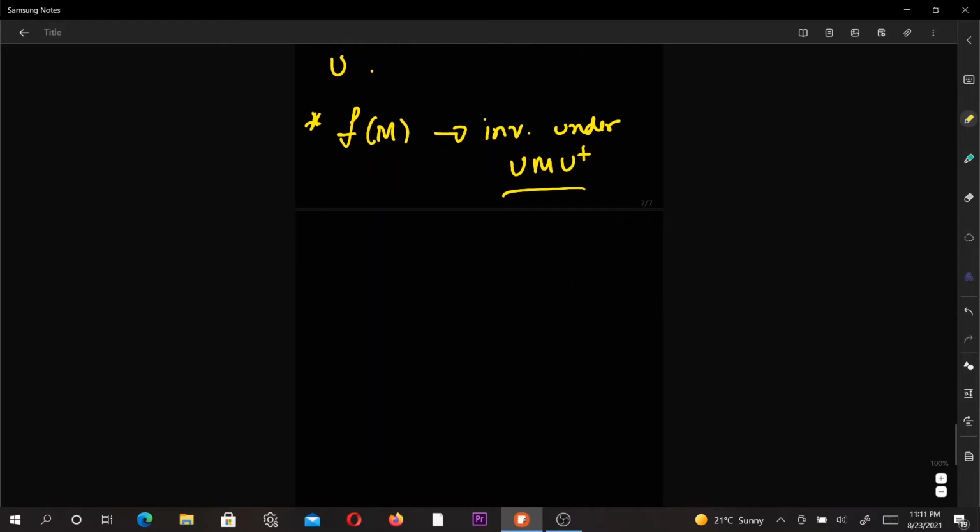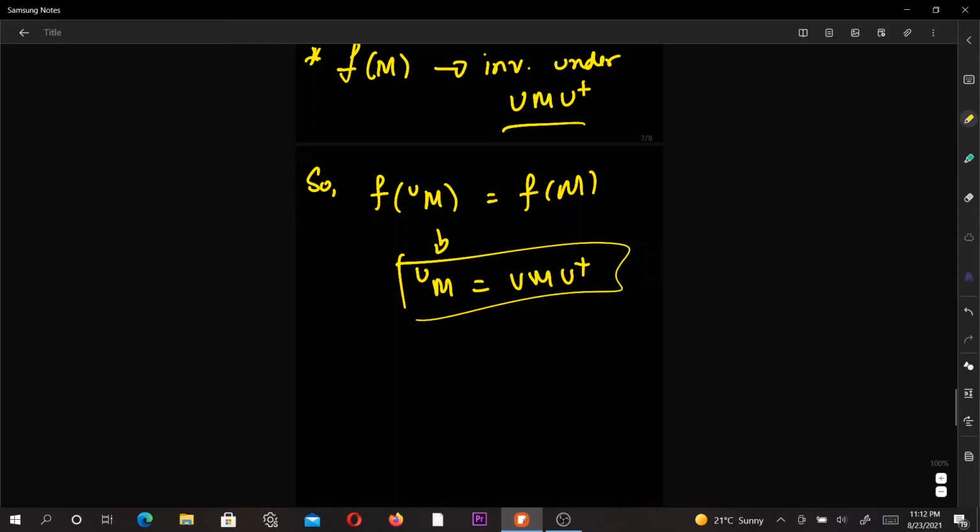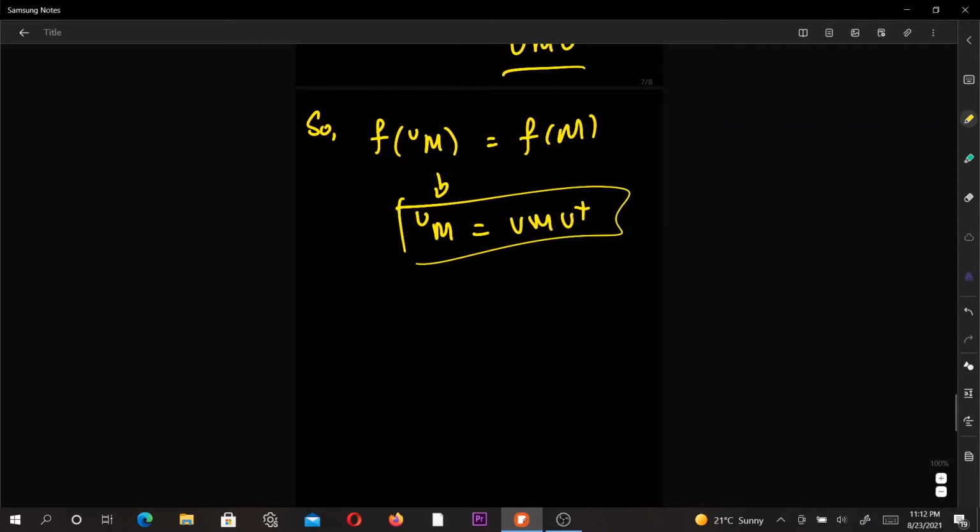So a notation that we will be using is f of M^U equals f of M, where M^U is U M U dagger. If you do a conjugation, you have a new matrix, and the new matrix is a diagonal matrix, as you know.